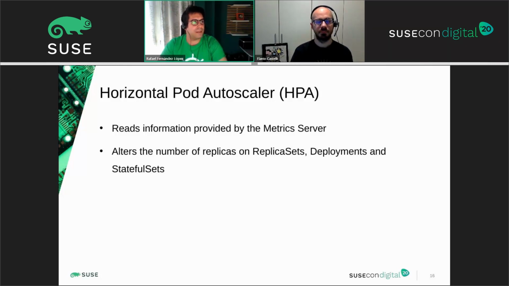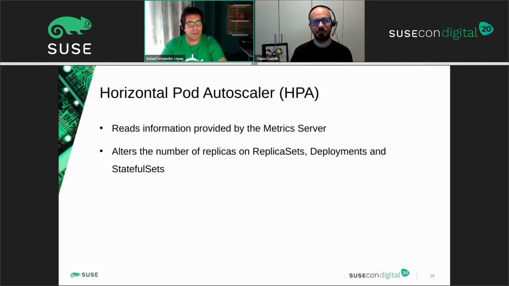Then we have the other component called the horizontal pod autoscaler, which relates to the other concept: instead of changing the resources of my deployed services, I want to create more copies of them. The horizontal pod autoscaler works in the same way as the vertical one.